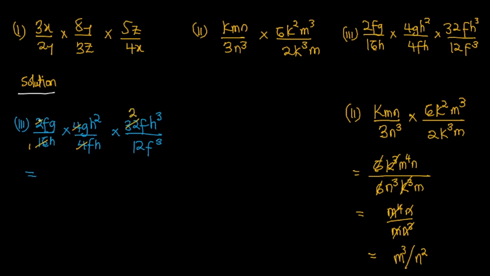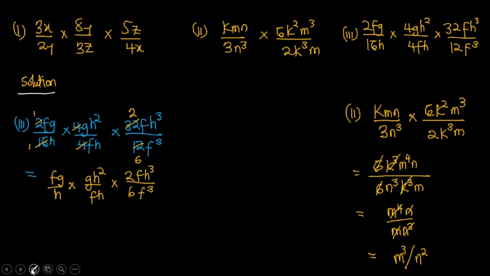The 2 go into itself 1. It will go into 12 6 times over here. So what we are left with is now fg on h from here, the top over here, multiplied by over here we have gh squared on fh, then multiplied by here we have 2 on 6, here fh cube, here f cube.